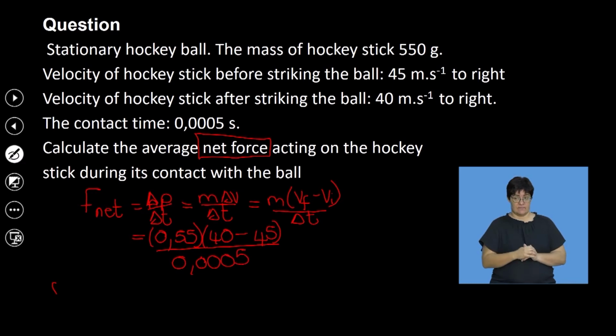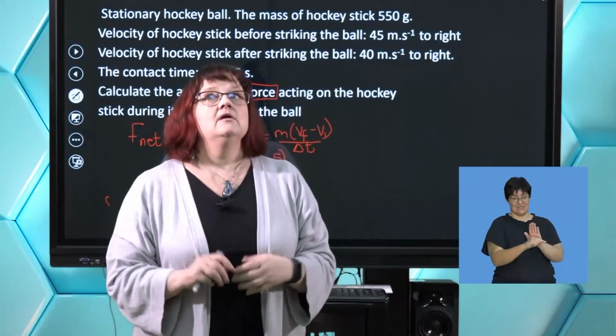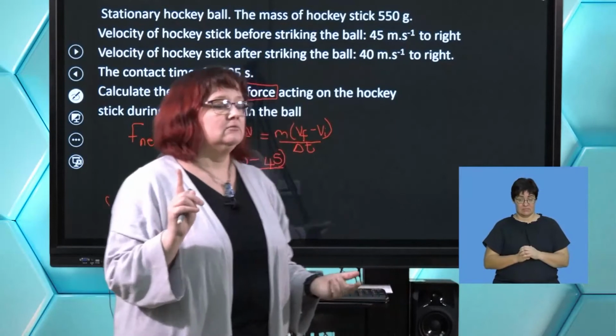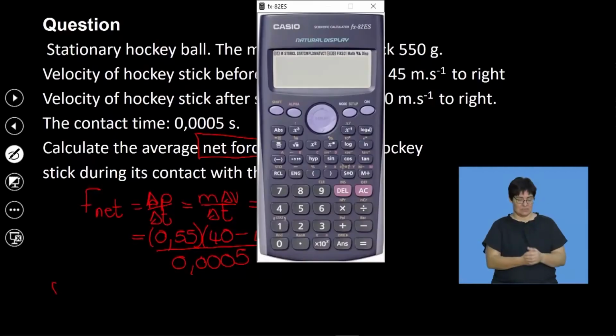Now, I have a small number minus a big number in the bracket. That's going to mean that I'm going to get a negative net force. But is that right? We'll talk about it now. So, calculator, okay?